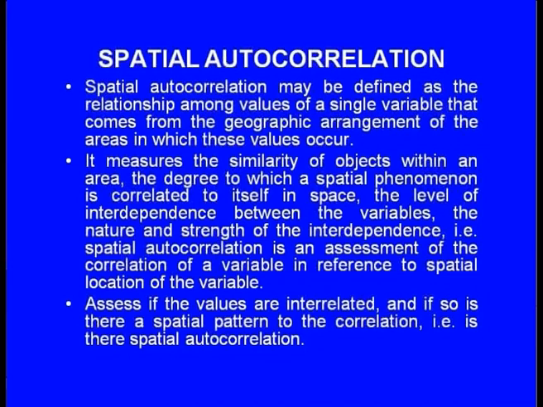It measures the similarity of objects within an area, the degree to which a spatial phenomenon is correlated to itself in space, the level of interdependence between the variables, the nature and the strength of the interdependence. That is, spatial correlation is an assessment of the correlation of a variable in reference to the spatial location of the variable itself.